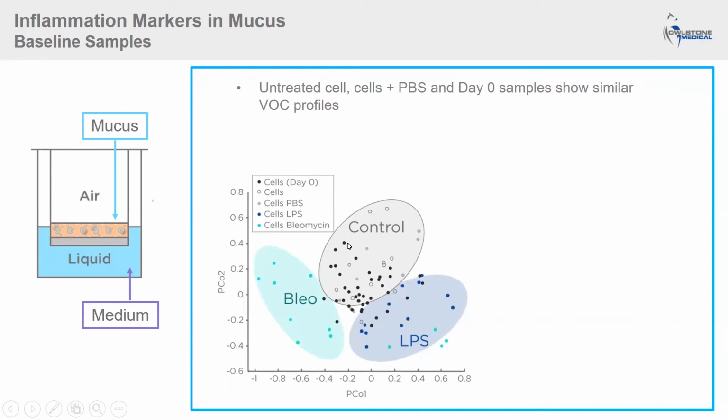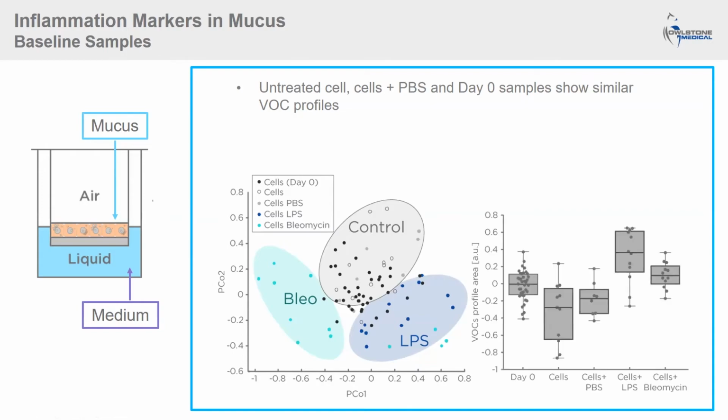And that's what you can see here, because the cells at day 0, which are marked with the black filled circles, they do project into our controls. And again, if I represent it as a box plot, you see that the controls are looking the same as the cells with PBS at day 2.